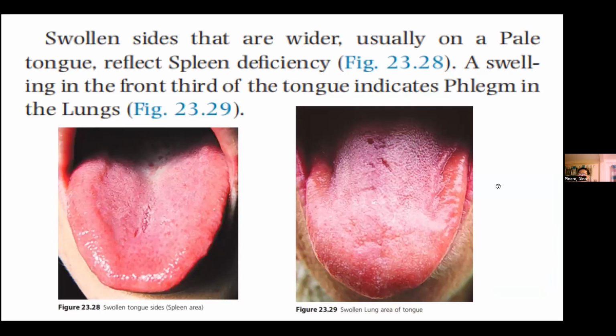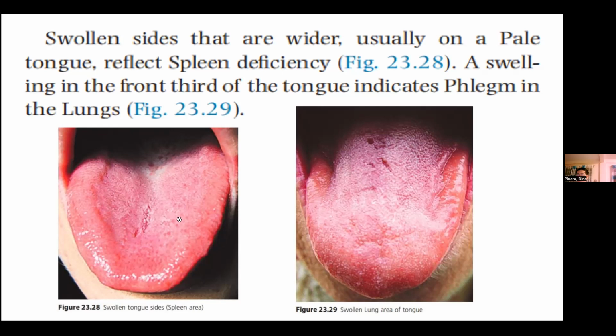Okay. Next picture, we have swollen sides that are wider, usually on a pale tongue, which reflects spleen deficiency. So swollen siya tapos pale. This is a spleen deficiency, and the swelling in the front third of the tongue indicates phlegm in the lungs.